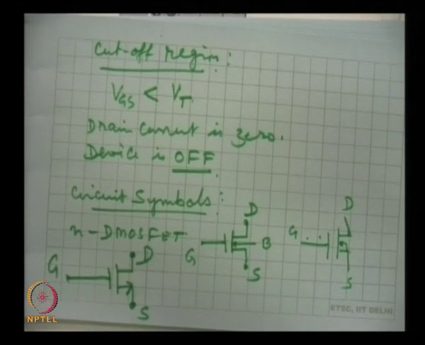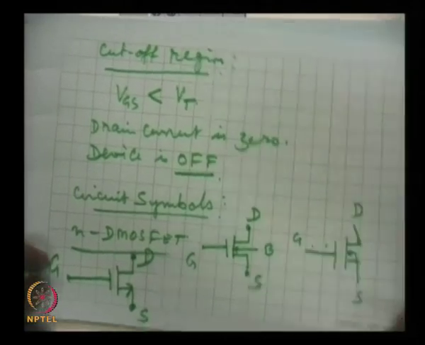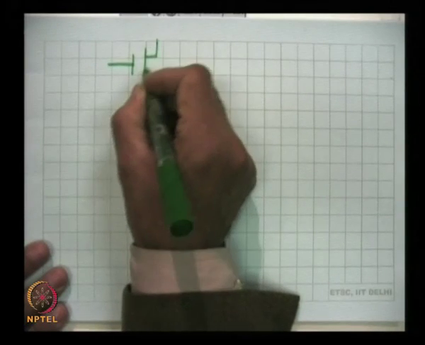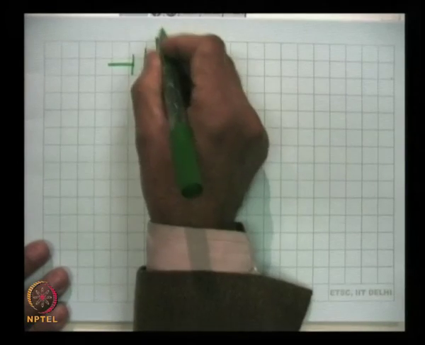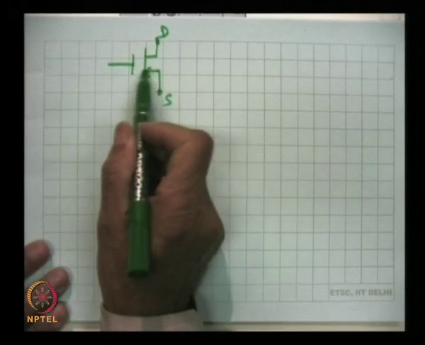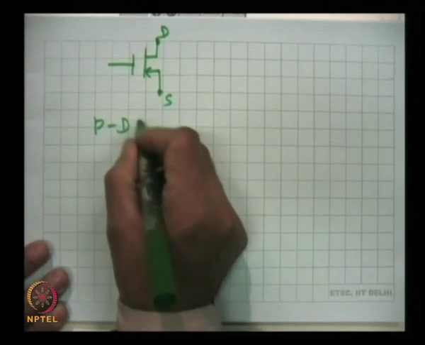This is for the N MOSFET, and for P MOSFET the symbol which is most widely used is this. Drain, source, and this direction of arrow is reversed in the P depletion MOSFET.